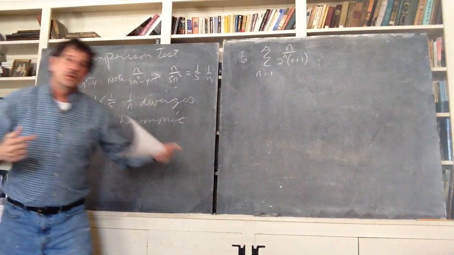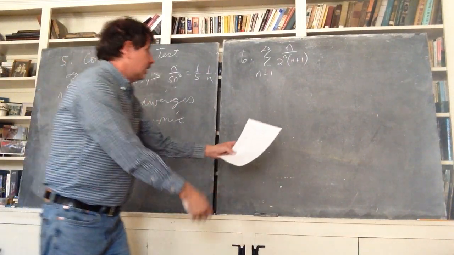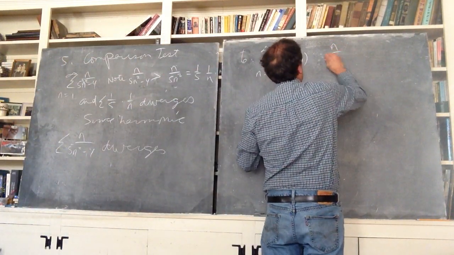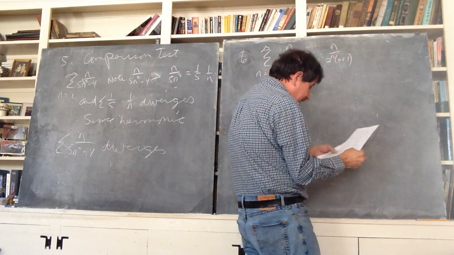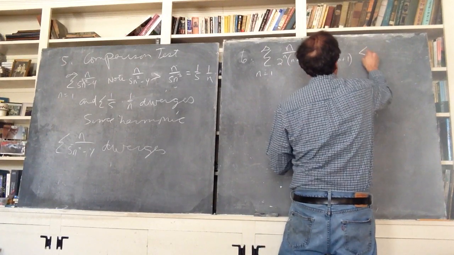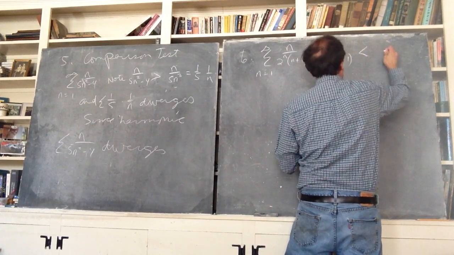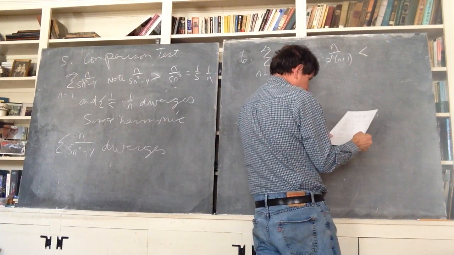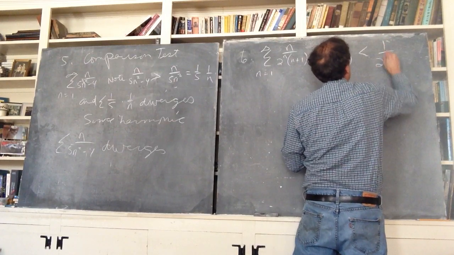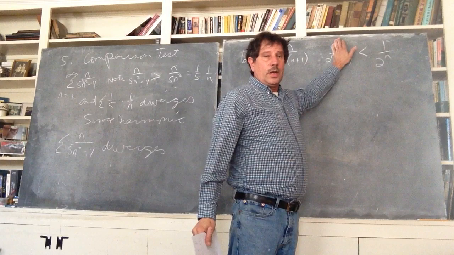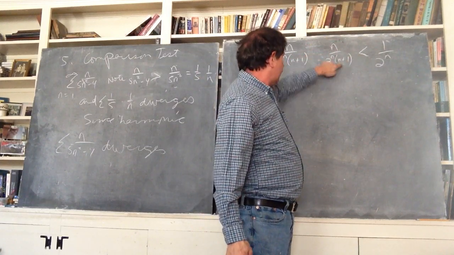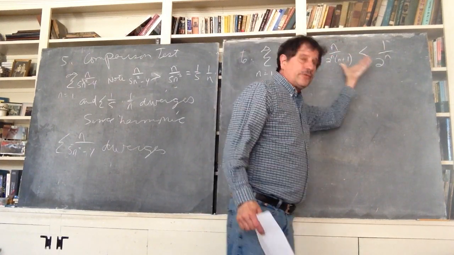Okay, now please note, this I'm sure of, n over 2 to the n times n plus 1 is strictly less than 1 over 2 to the n. This will always be a fraction, 3/4, so that's strictly less than.